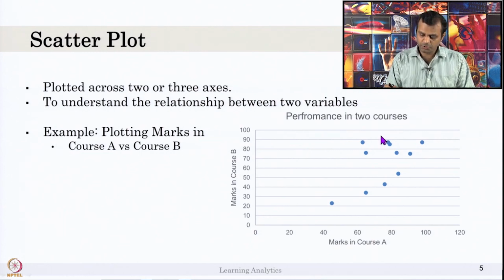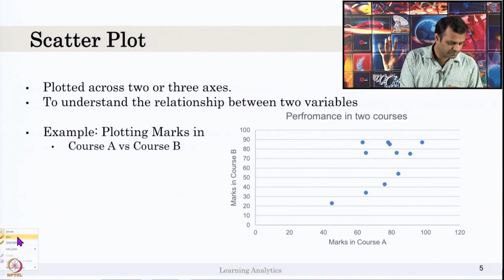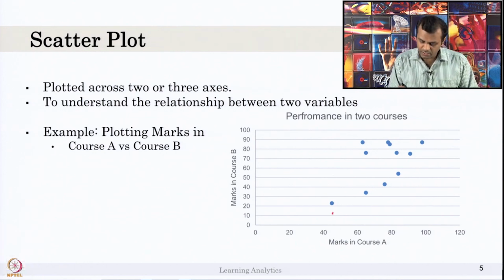The scatter plot shows that the student who got 40 something, say 45, got around 25 marks in subject B. Similarly, the student who got say 65 got around 35, but the student who got 80 marks got around 75, and the students who got 65 also got a mark around 875.